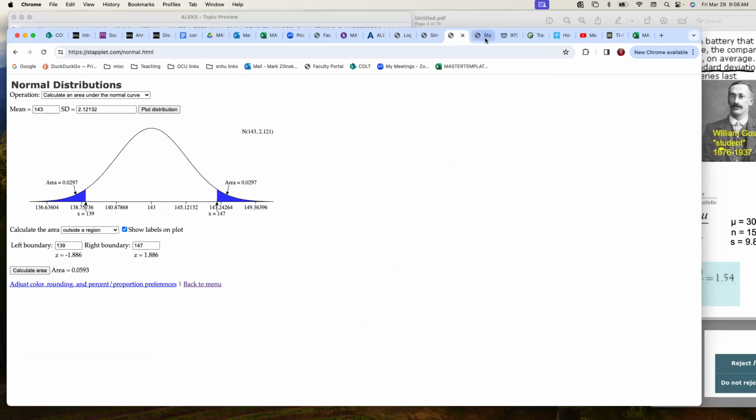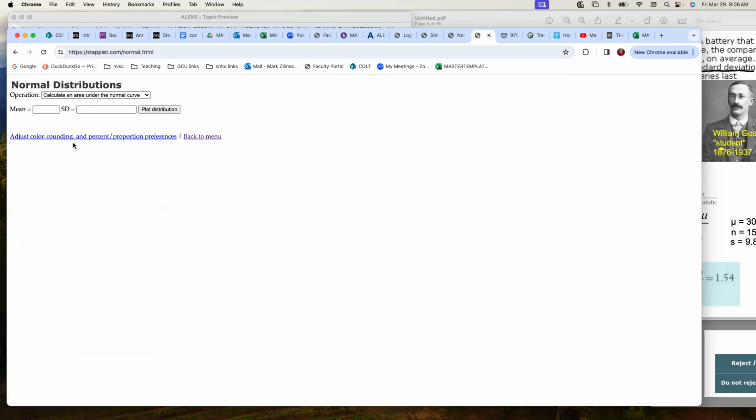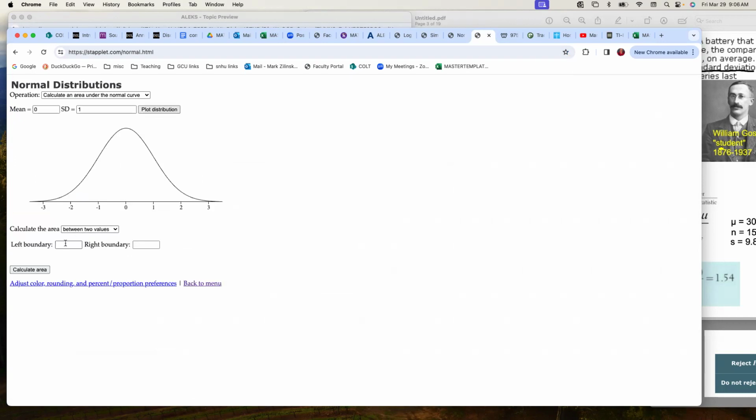1.886, okay. So if I come over here to mean 0, standard deviation 1, that's our standard normal, plot it. And I'm going to go outside the region, 1.86 and 1.86.